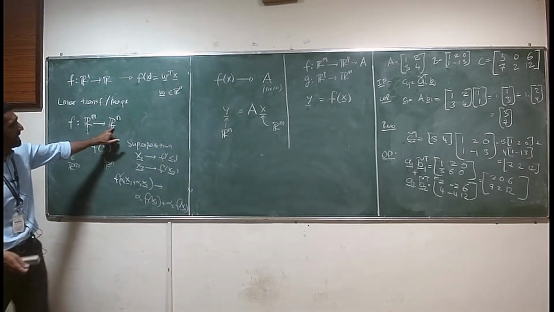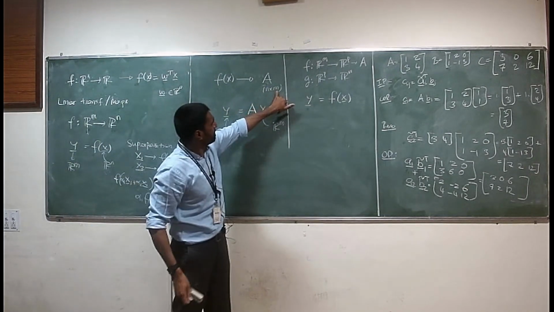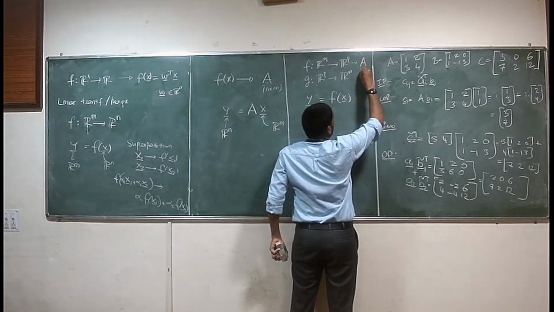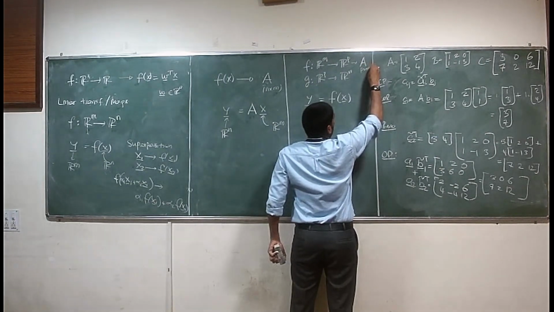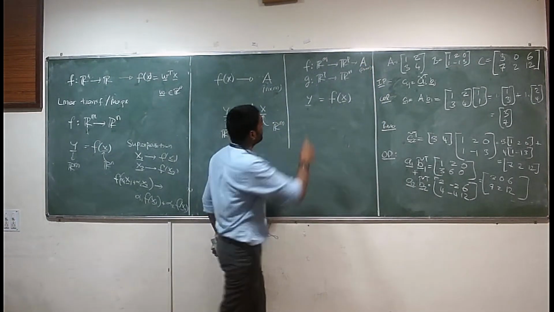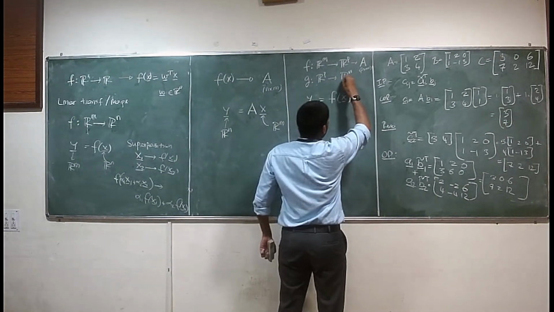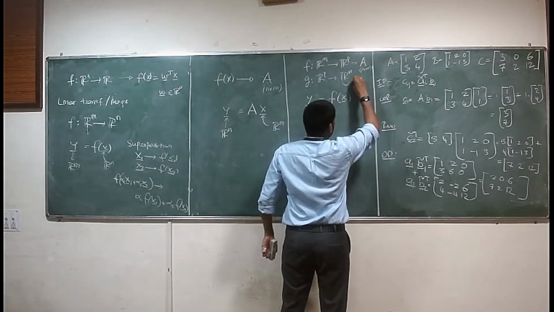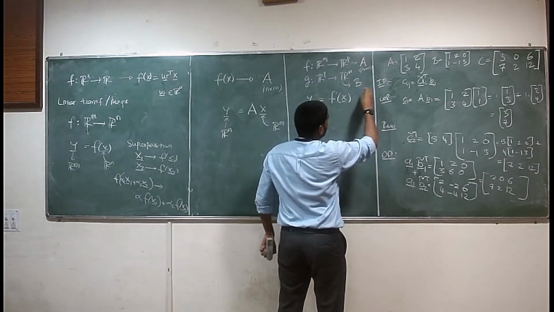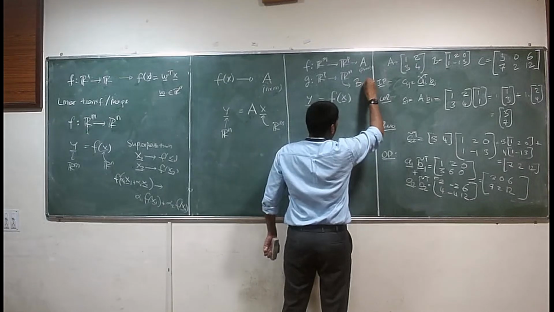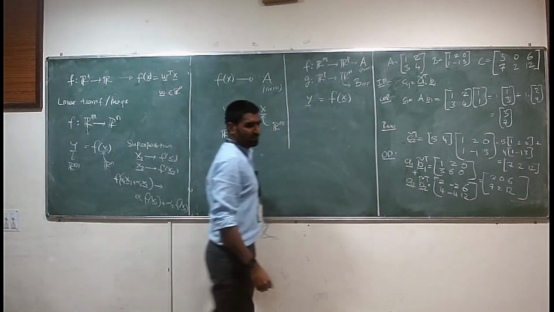F maps from m to p, so this has to be p cross m. Similarly, there is another function G that maps from p to n. Let's say that's represented by the matrix B. And what will be the size of this? It will be n cross p.